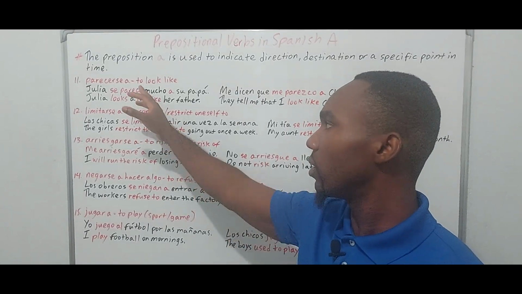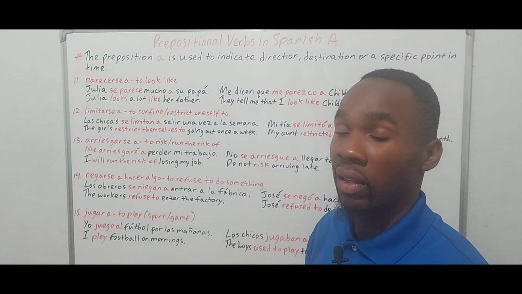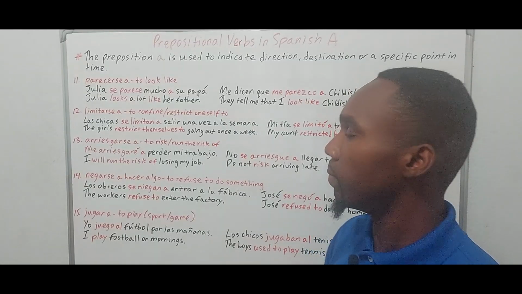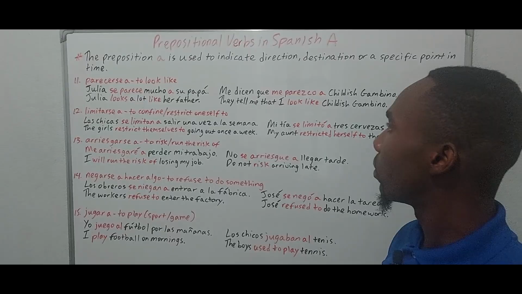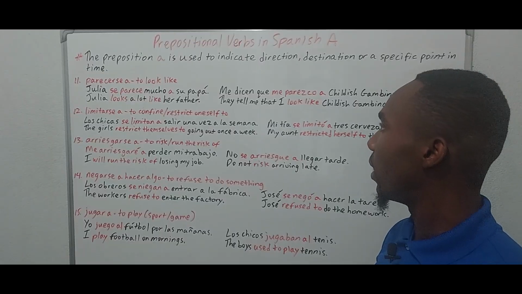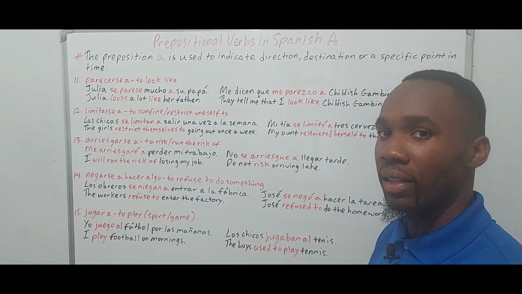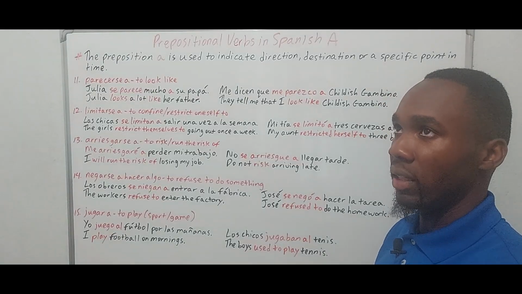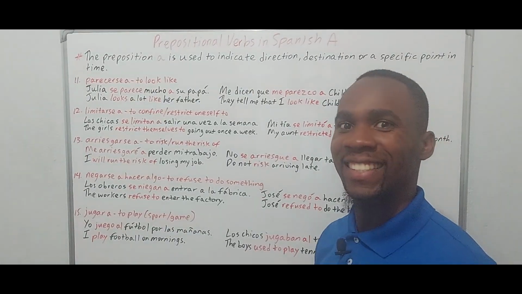So, in this context, we could say the a could translate as like, right? Me dicen que me parezco a Childish Gambino. They tell me that I look like Childish Gambino. If you don't know who that is, he is a rapper, an American rapper, I think. Yeah, right.